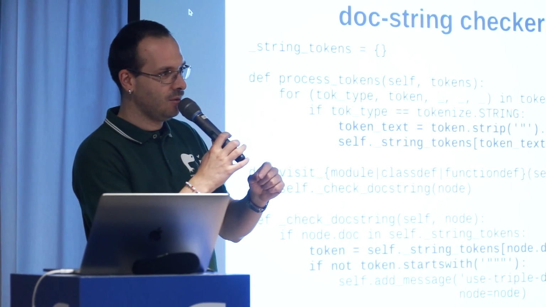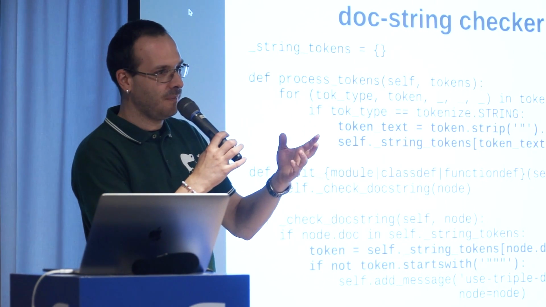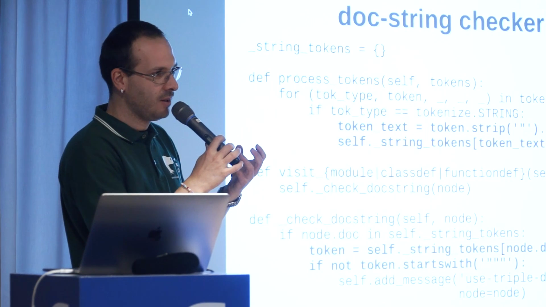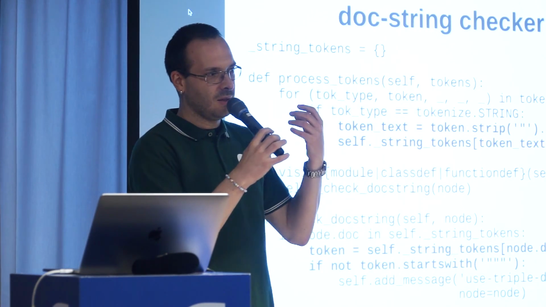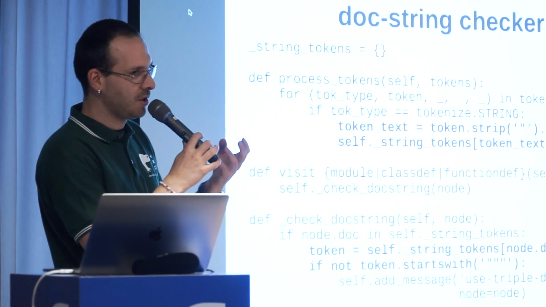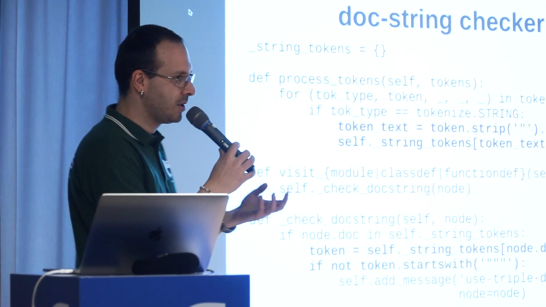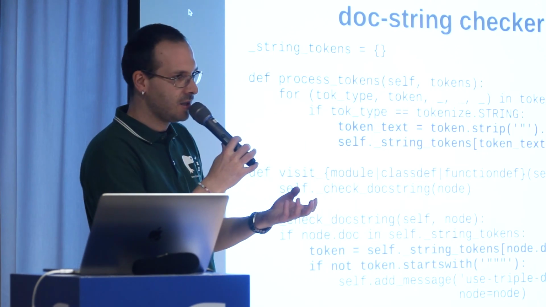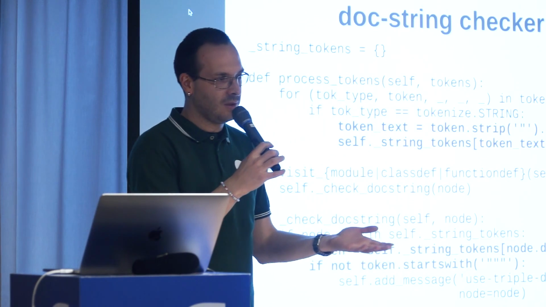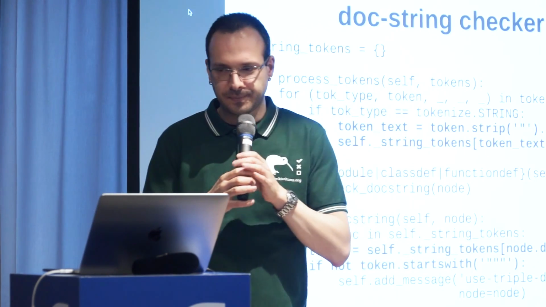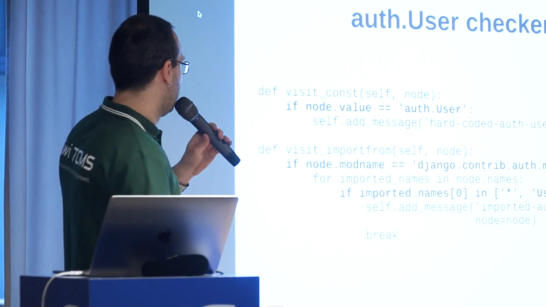And what we basically do is just dictionary lookup. And we take the raw value of this hard-coded string, we search whether or not it starts with 3 double quotes. If it starts with 3 double quotes, this is fine. If it doesn't start, then error for the developer, for our team to fix it.